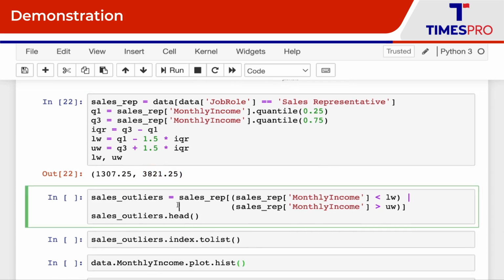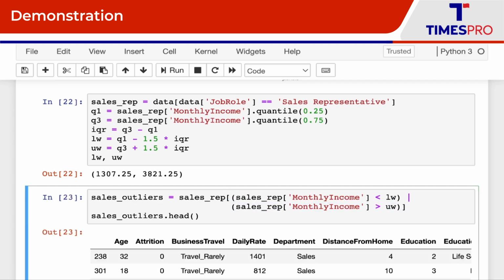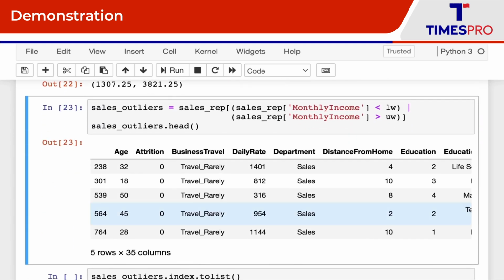So how do you pinpoint those outliers? You filter the sales reps data frame again, in which monthly income is less than lower whisker, or monthly income is above upper whisker. So you will get to know the rows in which you have outliers for sales representative. Likewise, you have to do outlier analysis for individual groups separately.